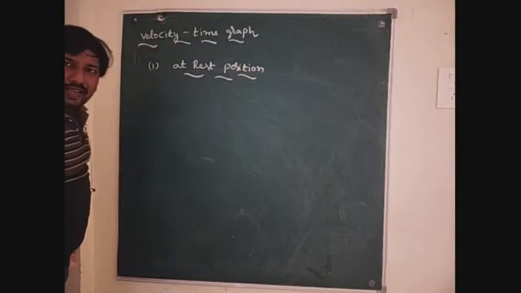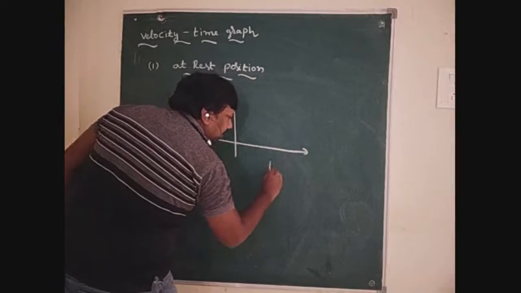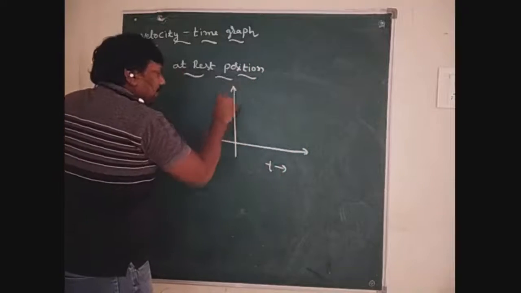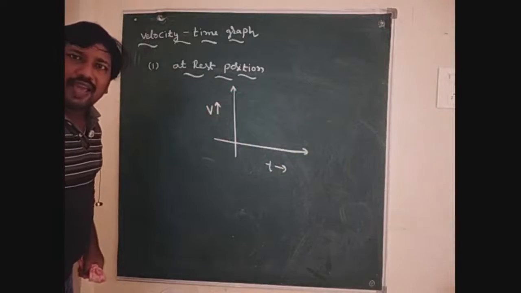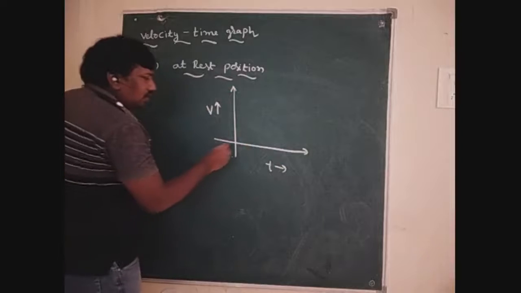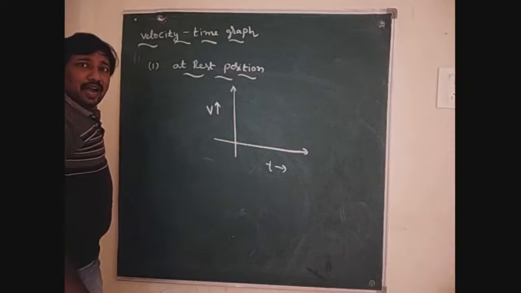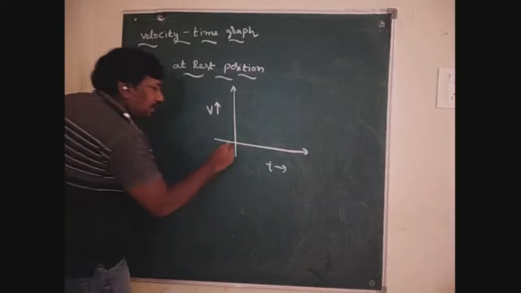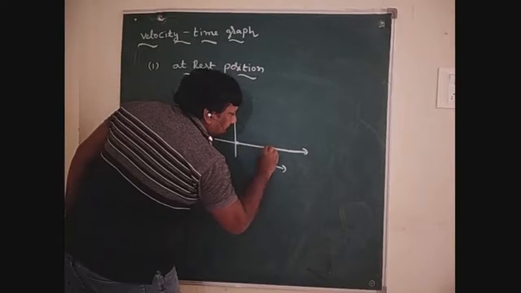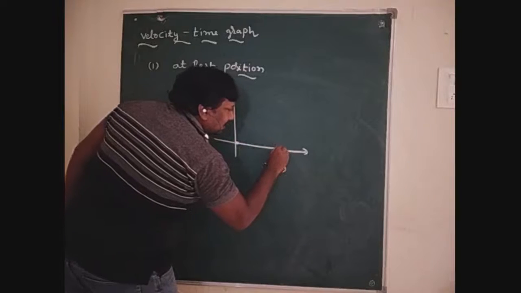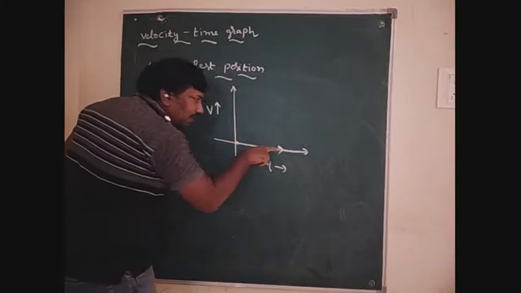When a particle is at rest, with velocity along the y-axis and time along the x-axis, the graph is a line along the time axis.